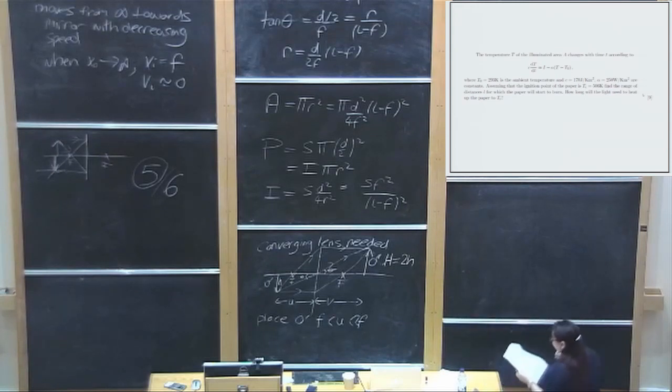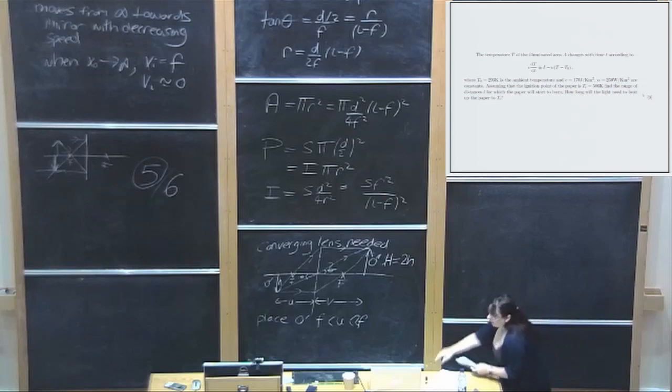Now they've given us an equation for the change in temperature of the paper, and some constants. The question: assuming that the ignition point of the paper is some value Ti, find the range of distances L for which the paper will start to burn, and how long does that take?